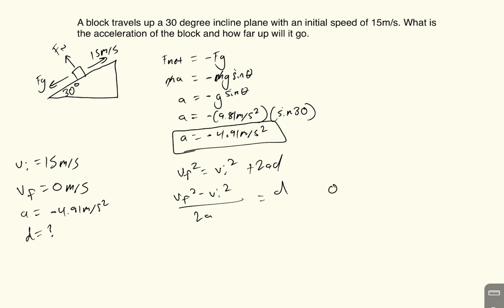We'll get 0 minus 15 squared, which is 225, over 2 times negative 4.91, is equal to D. And then when we put that into our calculator, D is going to be equal to 22.9 meters.